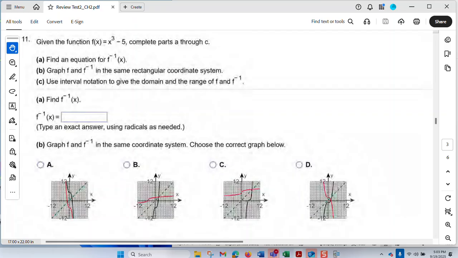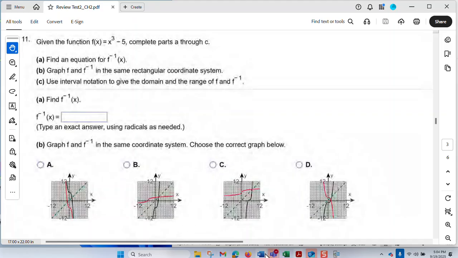Okay, let's see. Number 11. In here, we need to find an inverse. This f to the negative 1 is considered the inverse notation. So how do we find the inverse?